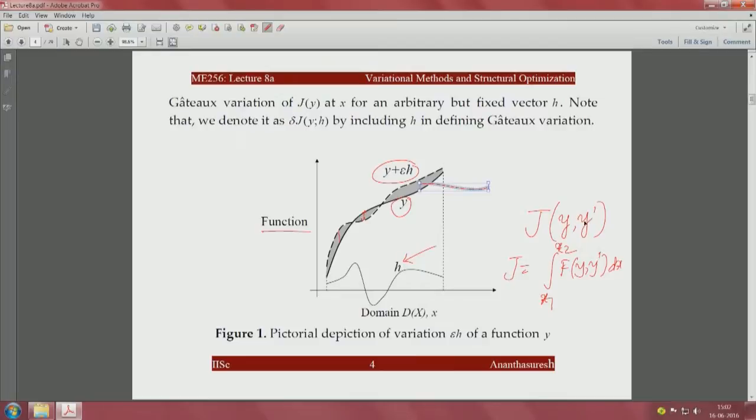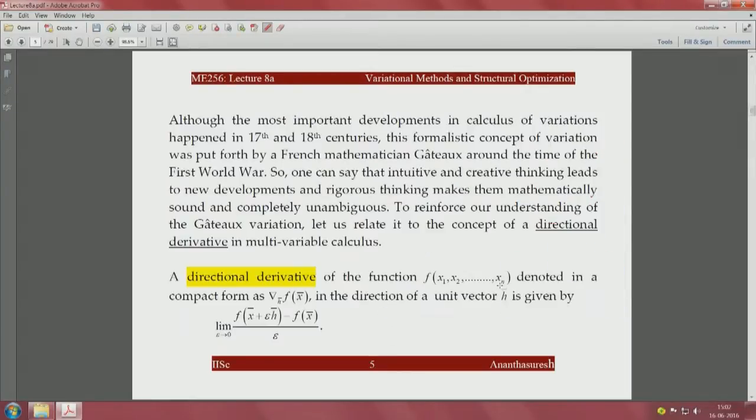So, that is dependent on y, and how does it change if y is changed to y plus epsilon h and epsilon tends to 0? When y becomes y plus epsilon h, y prime will become y prime plus epsilon h prime, right. Now, what happens to this j when we make this epsilon tend to 0 is what we want to discuss.